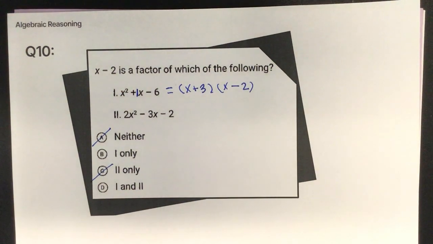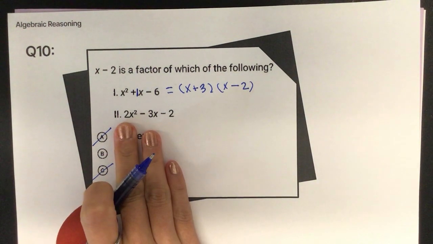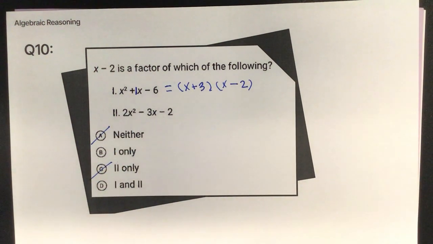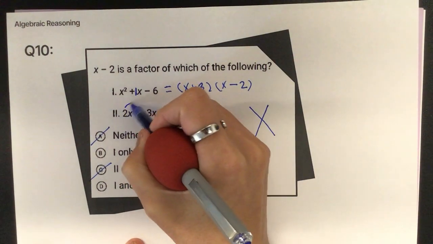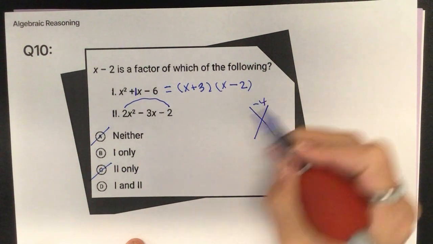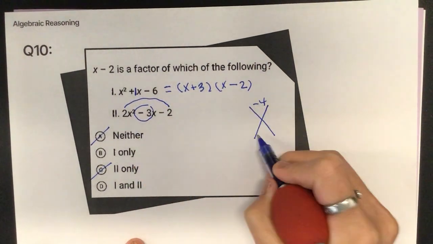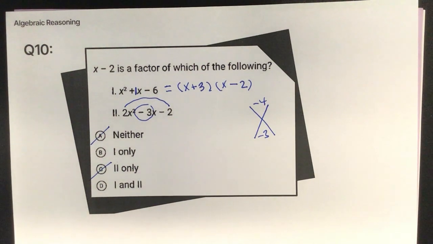On my second one, it gets a little annoying because I have some coefficient in front. Hopefully y'all remember grouping. If you forgot grouping, here's the idea. Draw a big X, and you multiply the A and the C, which is -4, and you keep the B value as it is. Same rule applies.